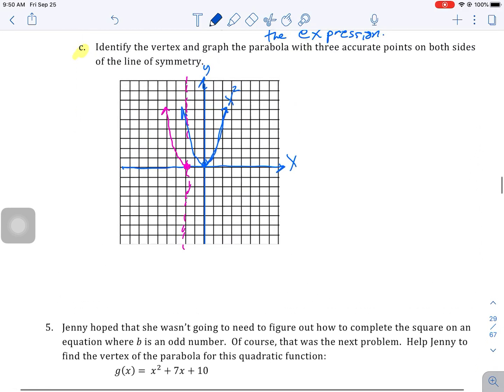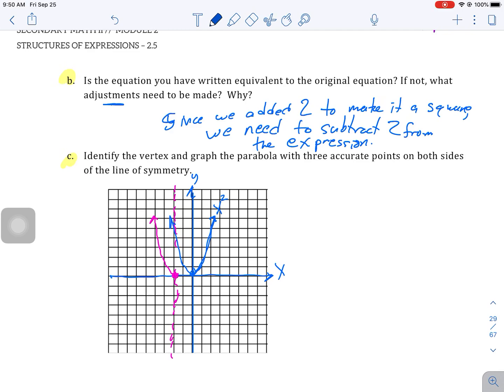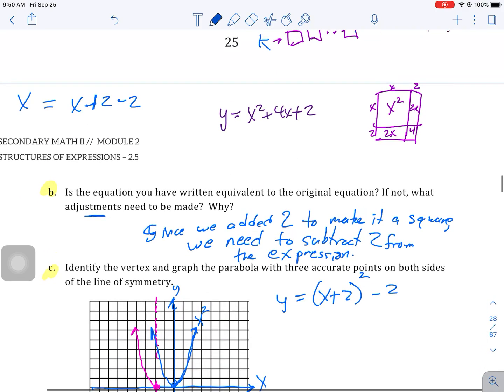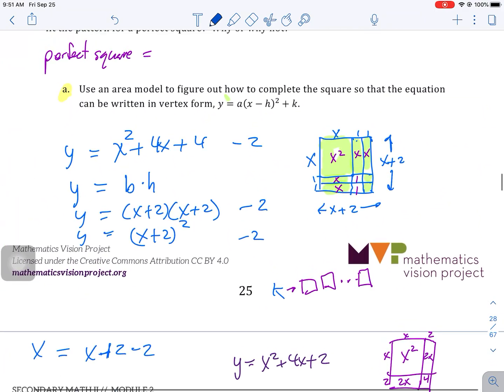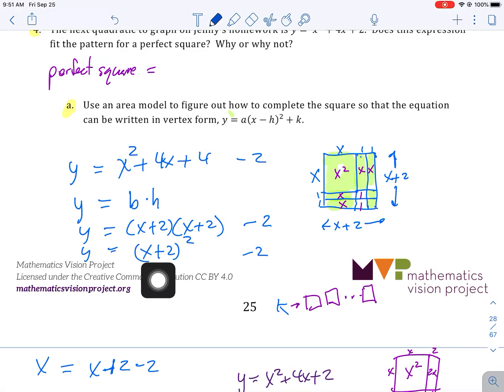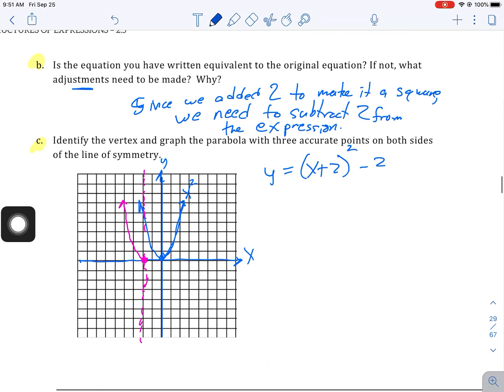And then the last one for this video is identify the vertex and graph. So you can see the blue is where we started, x squared, but because we did x plus 2 squared, that's what we had right here, x plus 2 squared minus 2. Since we're adding 2, that means it happens sooner. It gets big faster.